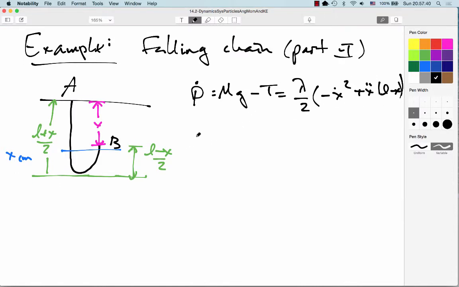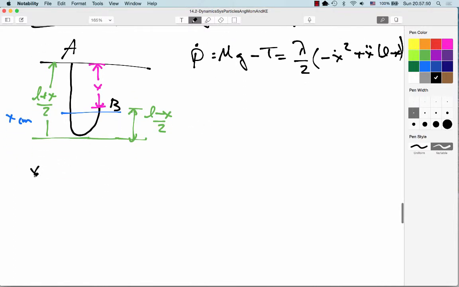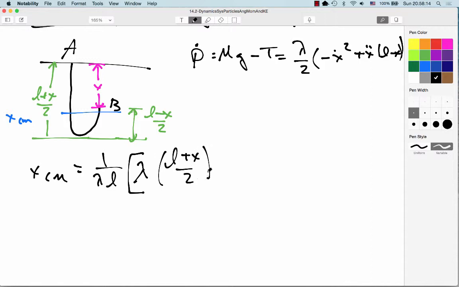And now let's write our expression for XCM. Actually, I think I'm going to need the whole screen to do that. So XCM equals, the mass will be 1 over lambda L times our two constituent pieces. This guy here, his mass is going to be lambda times (L plus x) over 2.